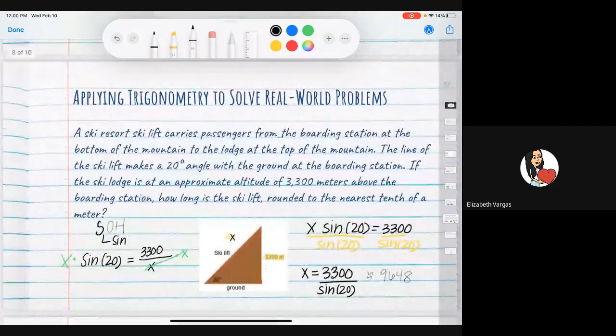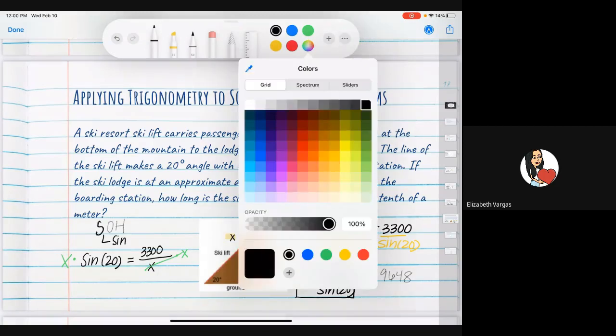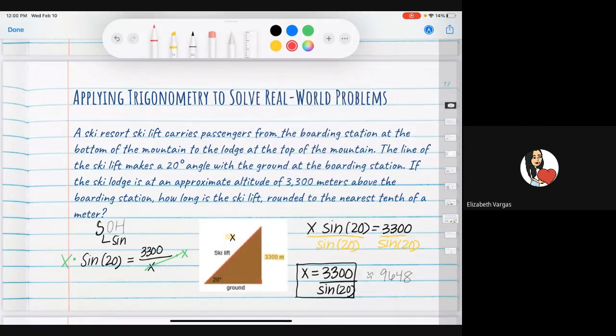Does anyone have any questions about how I found this equation right here? Any questions? So what you want to do is identify your diagram. You want to identify what do I have, and what am I looking for?